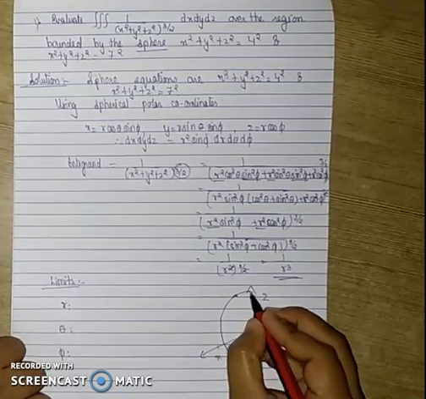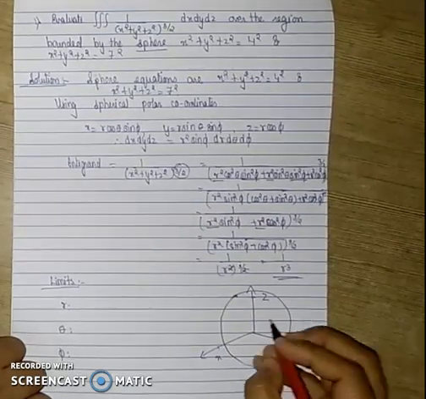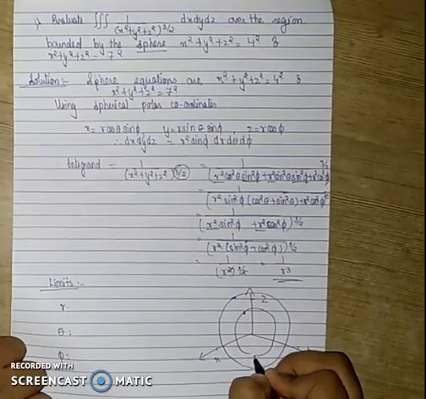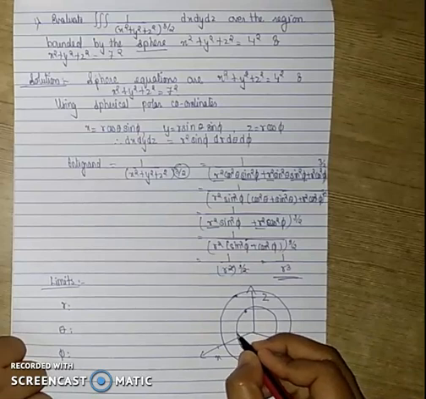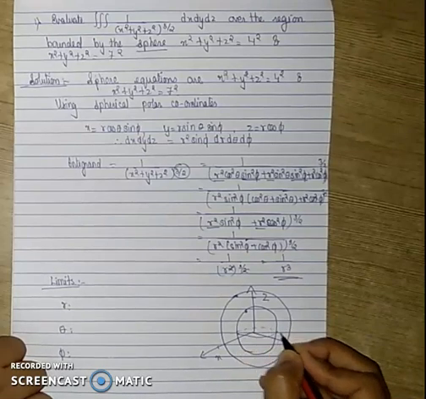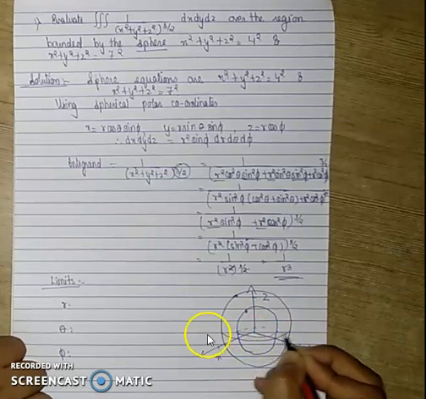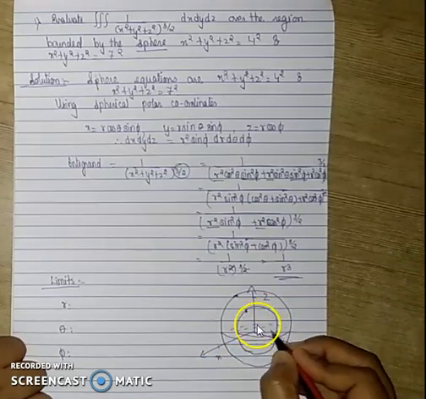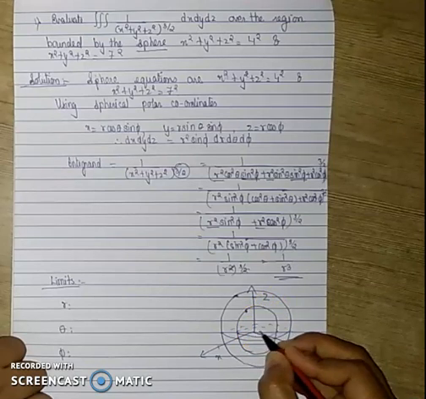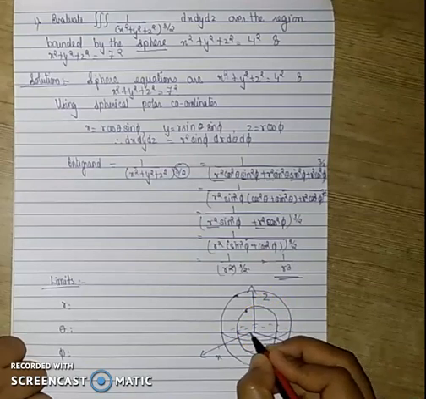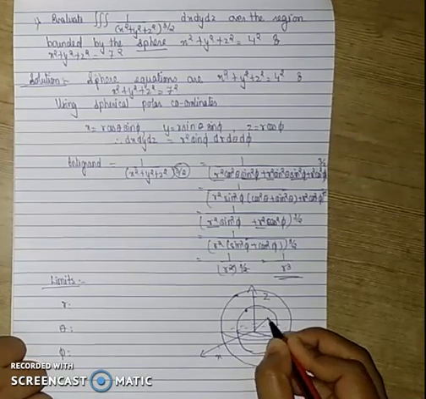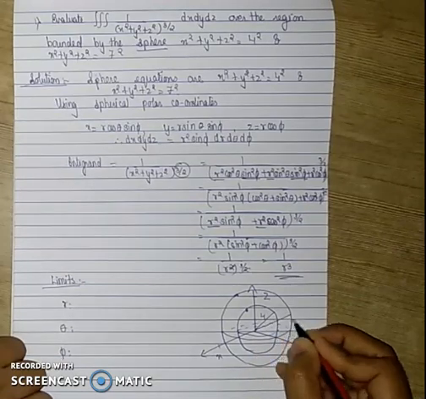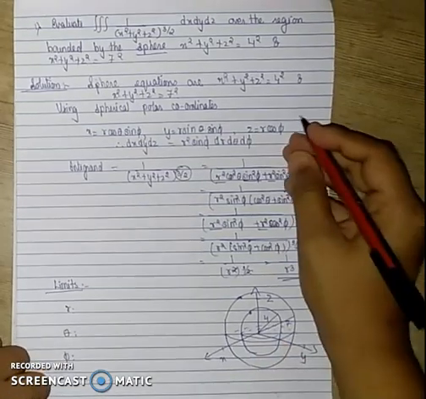So this is a sphere of radius 7 and the inner one gives me a sphere of radius 4. It's the equator which we are drawing right now. We'll give the radius. Now it's a radius 4. This one is of radius 7, the bigger sphere.